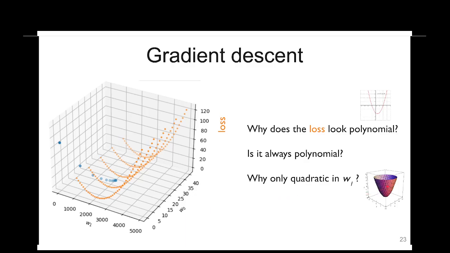But of course, this vase doesn't have to be symmetric. It can be elongated and can take many different shapes. But the key aspect here is that you understand that this quadratic looking nature is coming from the error function that we use. And if you would use a different error function, then this error landscape would of course look differently.